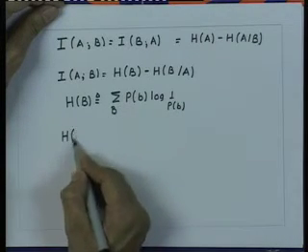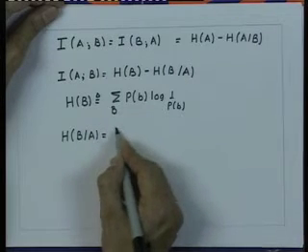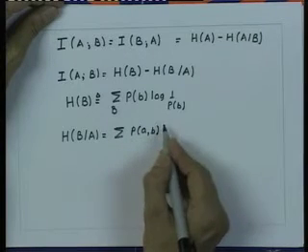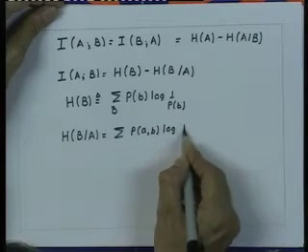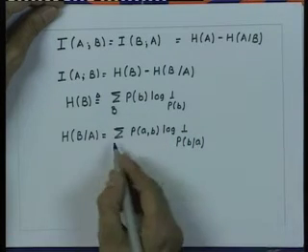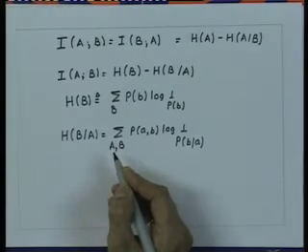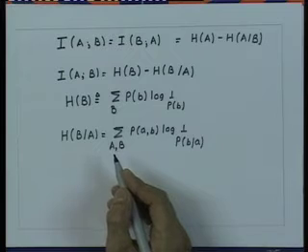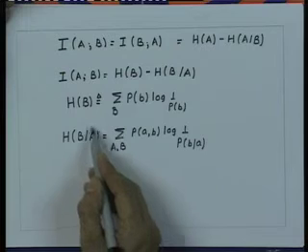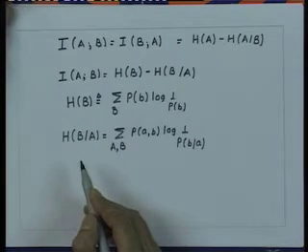And H(B given A) is equal to the joint probability of A B log of 1 by probability of B given A, summed over input and output alphabets. Now, this is called the equivocation of B with respect to A.